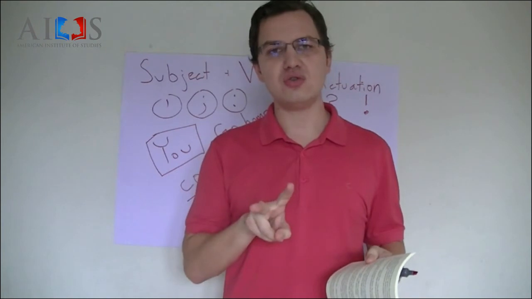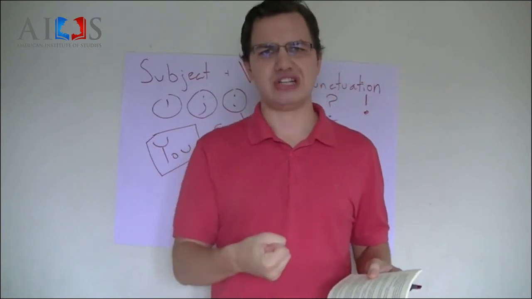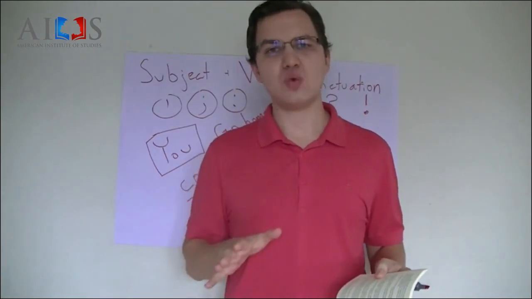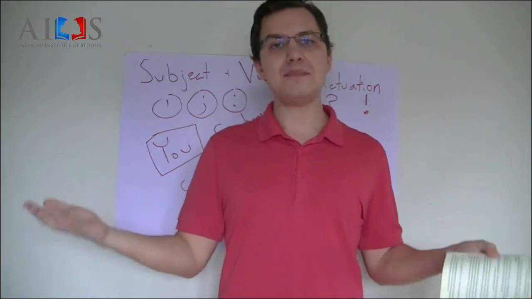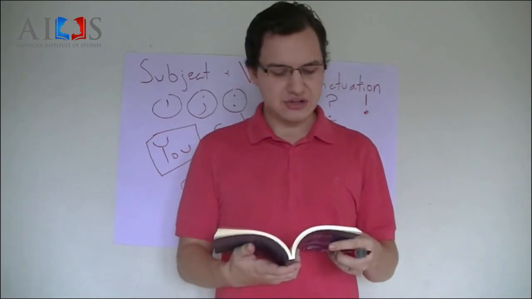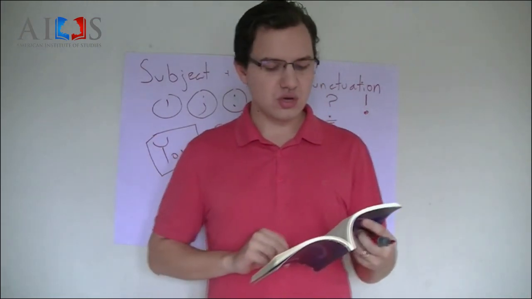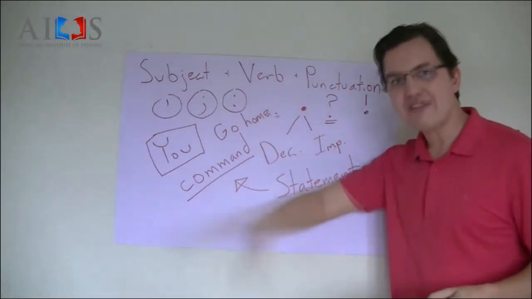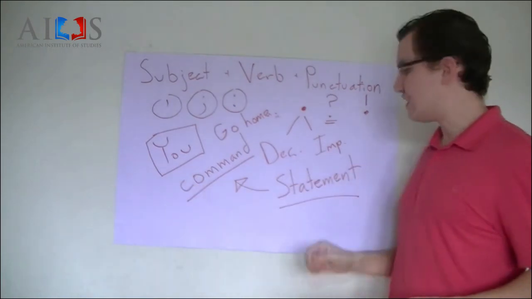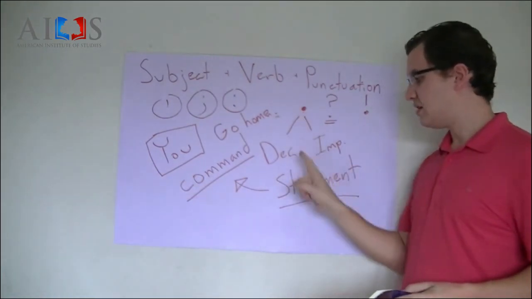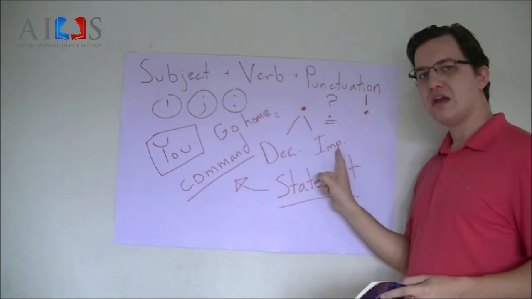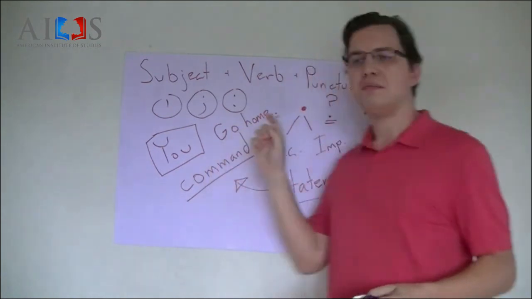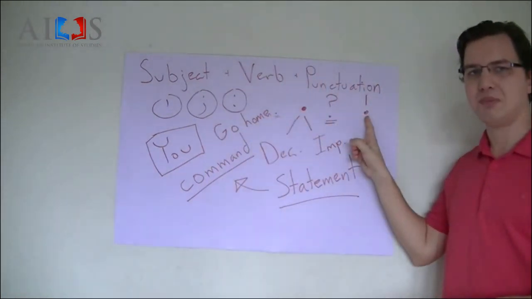So the first two use bad emotion, anger or sadness. The last one is a happy emotion. Now you'll see example 2, get away from me, is a command. So it could use a period. Could be imperative. But remember, strong emotion means you use an exclamation point.